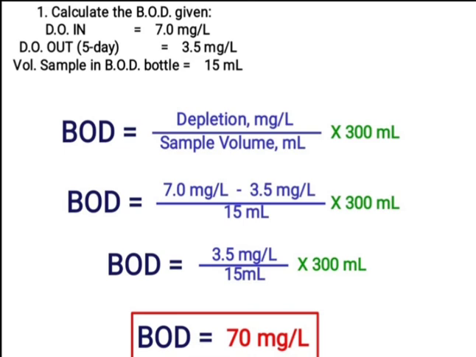So the dissolved oxygen when the solution is freshly prepared is 7 milligrams per liter, minus the dissolved oxygen after 5 days, which is 3.5. Just put all the values in this formula. We get the biological oxygen demand equal to 70 milligrams per liter. In this way we can calculate the biological oxygen demand, that is the dissolved oxygen which is required for the breakdown of organic matter by microorganisms.